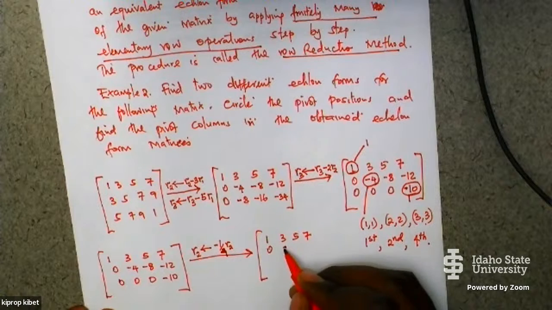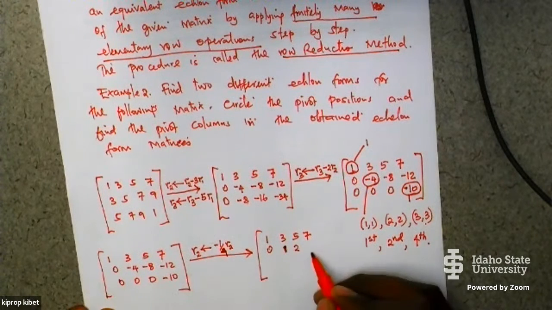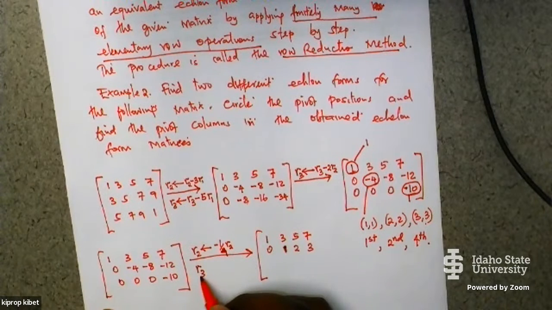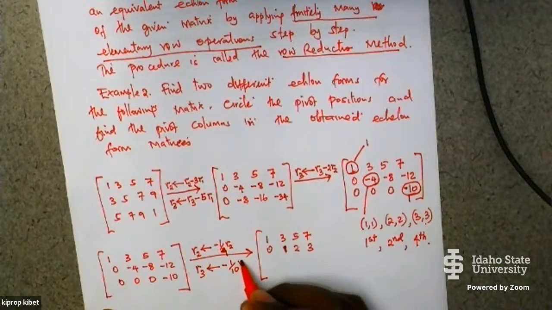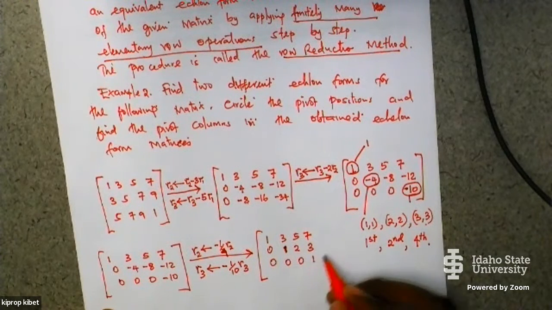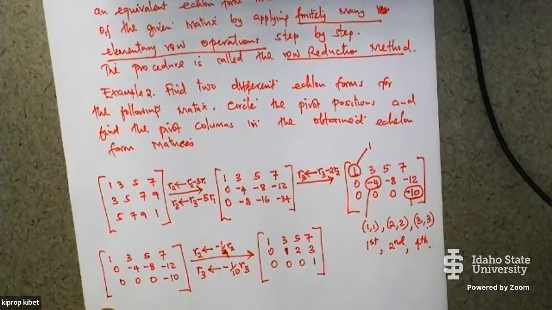So we get here 1, we get here 2, and then we get there 3. Then our new R3 can be multiplied by -1/10 R3, where we have 0, 0, 0, and then 1, 0, 0.